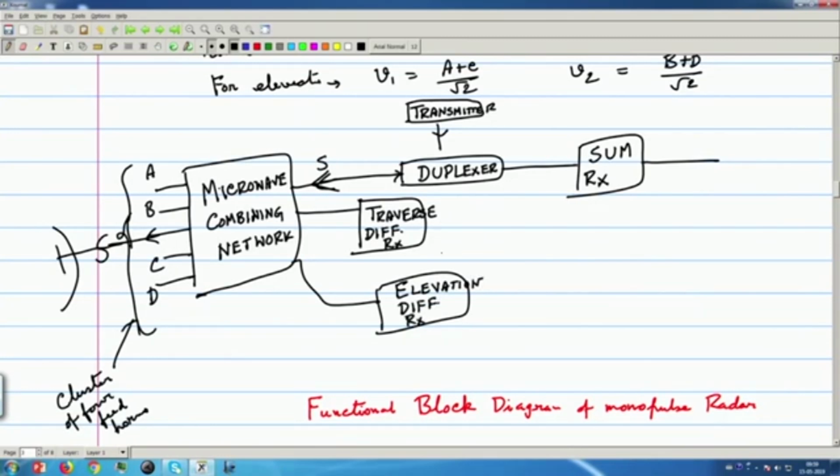So, we have 3 receivers. One is the sum receiver, and only the sum receiver is through the duplexer, because the sum is transmitted. These others are received ones: the traverse difference receiver and the elevation difference receiver.